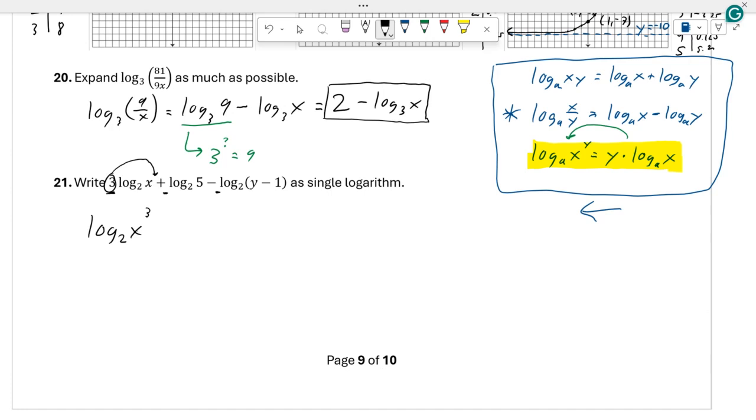So I'm moving the 3 back into being an exponent. Then the rest of this, I'm just going to rewrite. Now I'm in a pretty good spot to condense this into a single logarithm.